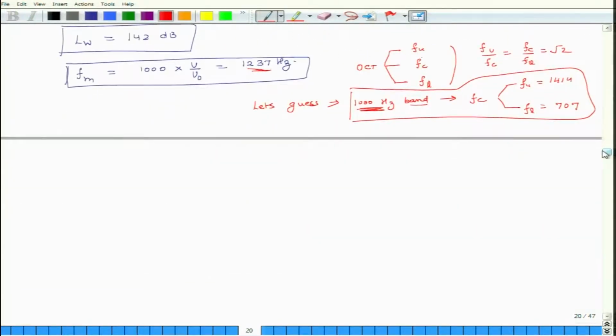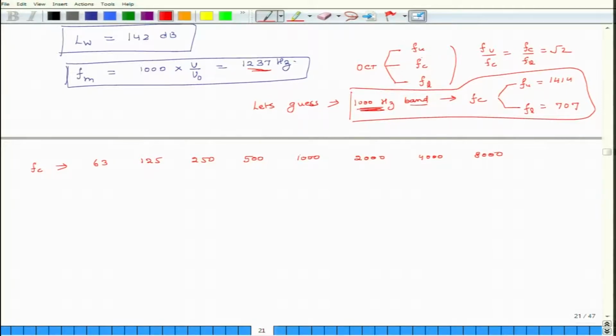So, this is important to understand. Now, based on this understanding, we can assign the value of F3 to all the industry standard octave bands. So, Fc, what are the industry standard octave bands? 63, 125, 250, 500, 1000, 2000, 4000, 8000.